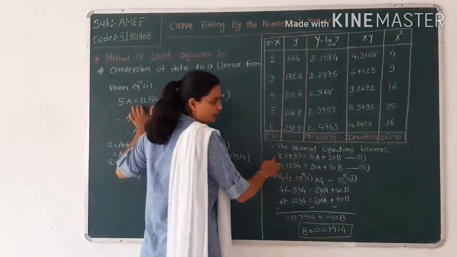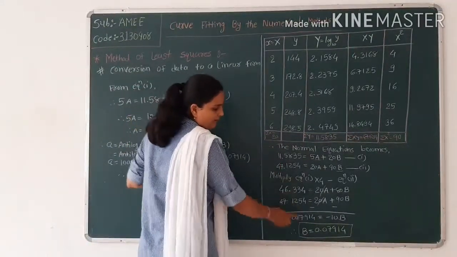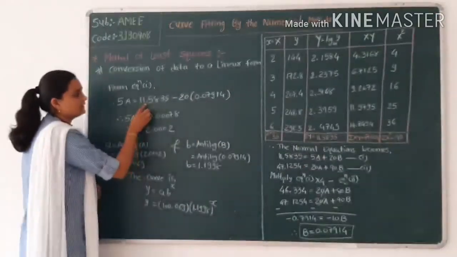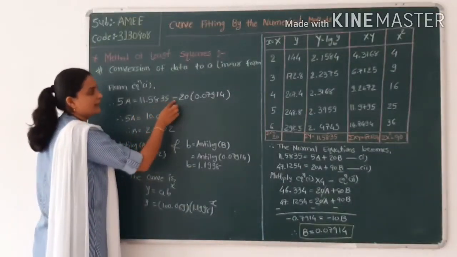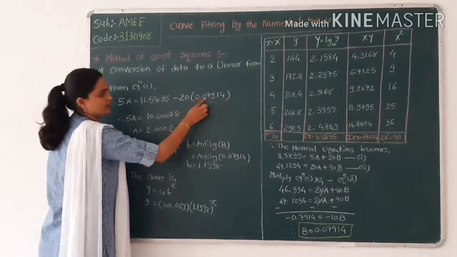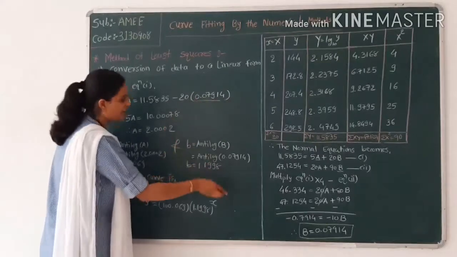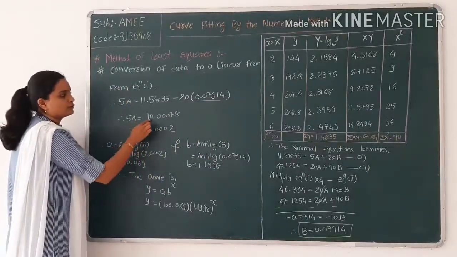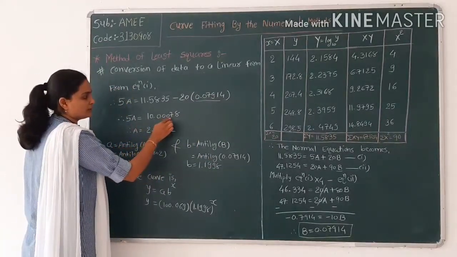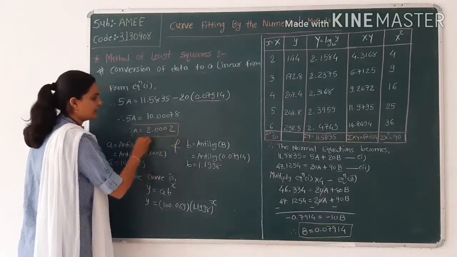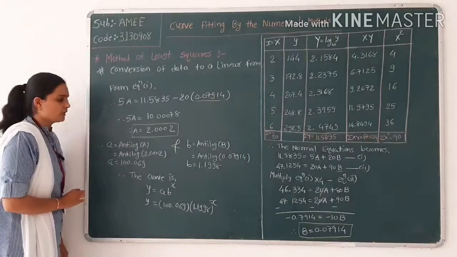Now we find the value of A from equation 1. We put the value of B in equation 1. So 5A equals 11.5835 minus 20 into 0.07914, which is the value of B. So 5A equals 10.00078, so A equals 2.0002.